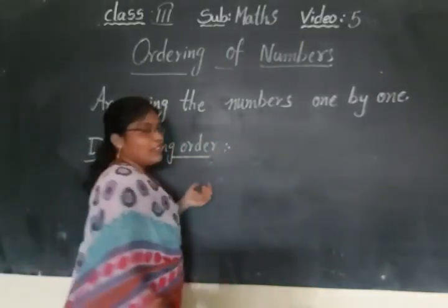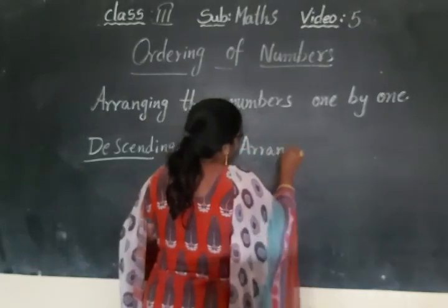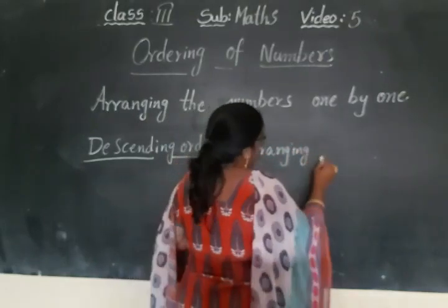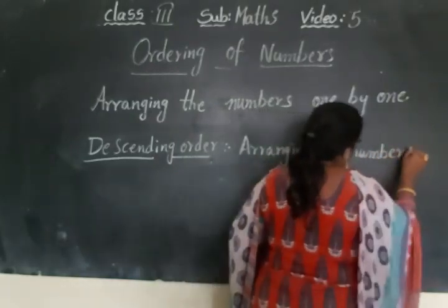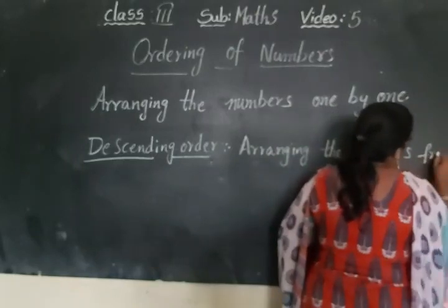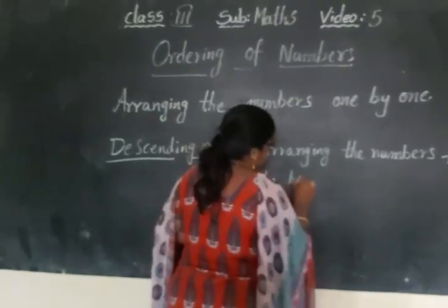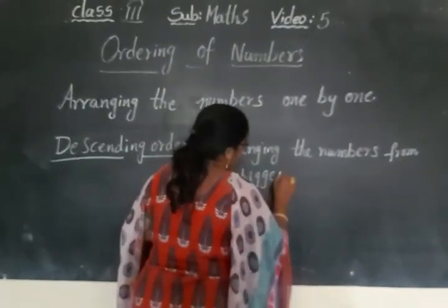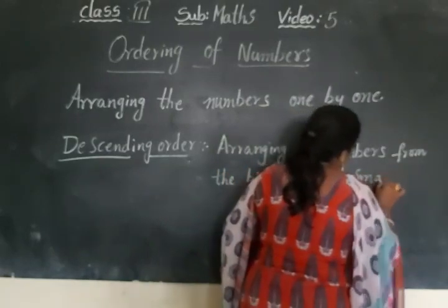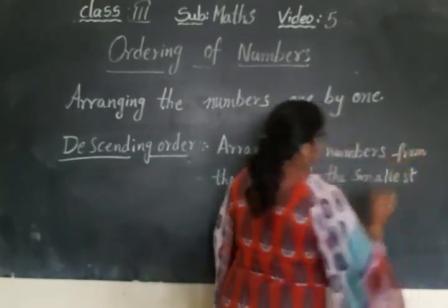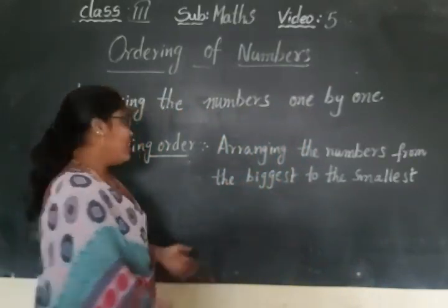It is nothing but ordering or arranging the numbers from the biggest to the smallest. Arranging the numbers from the biggest to the smallest is known as descending order.